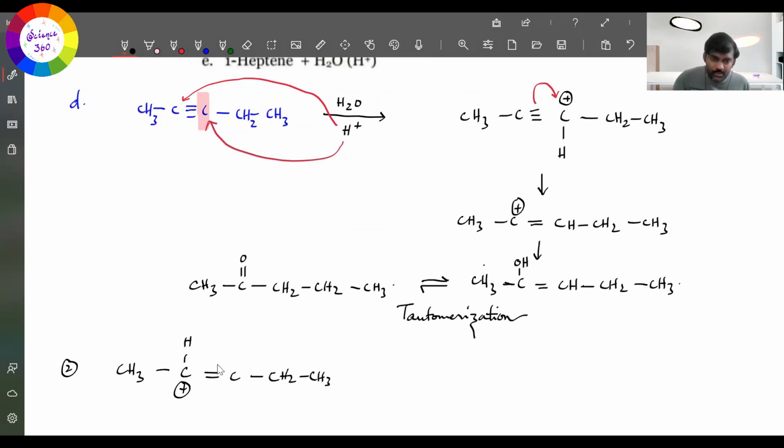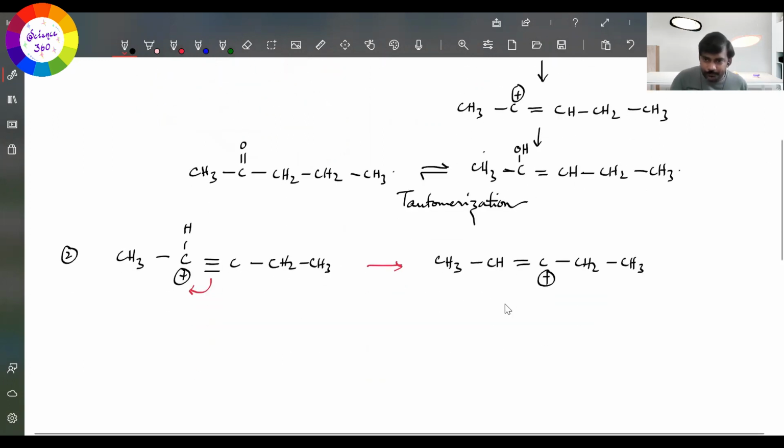Now the positive charge is there, so the pi bond is trying to move towards that. So this will become CH3 and here CH double bond C plus, then CH2, CH3. Now OH minus ion will attach to that carbon. So here CH3, CH double bond, COH, CH2, CH3.